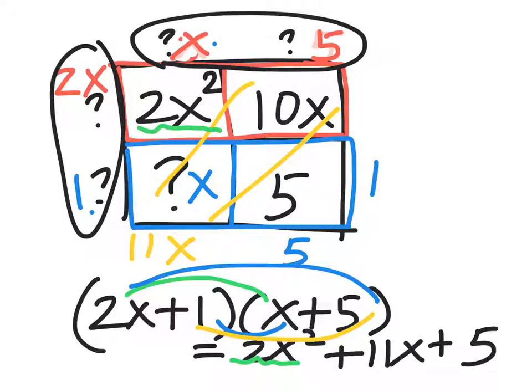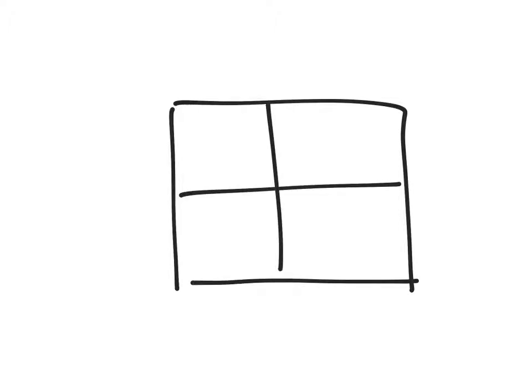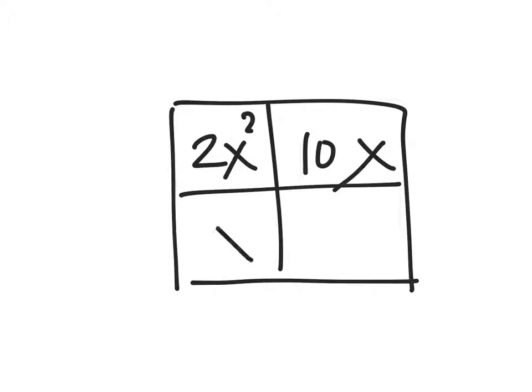So the final thing that we want to notice is that for every generic rectangle with binomial multiplication, in the end result of your generic rectangle multiplication, for example, the previous one we were just looking at, we had 2x squared, 10x, x, and 5.